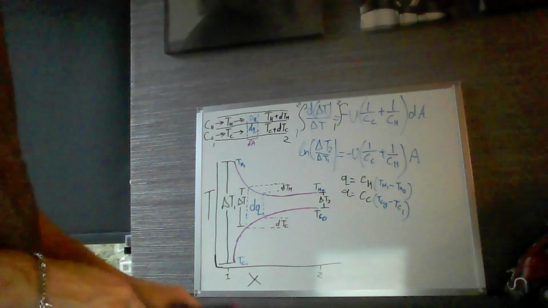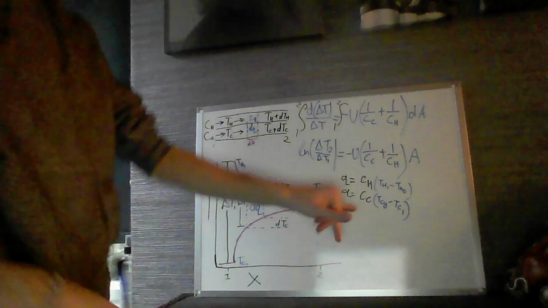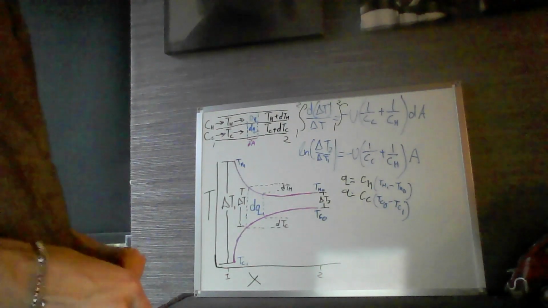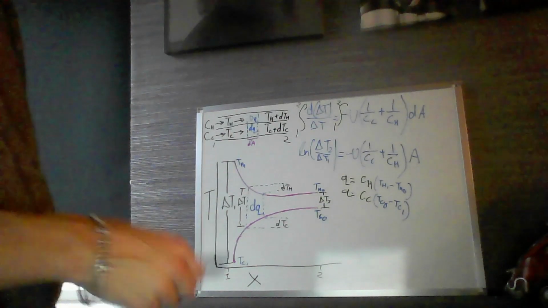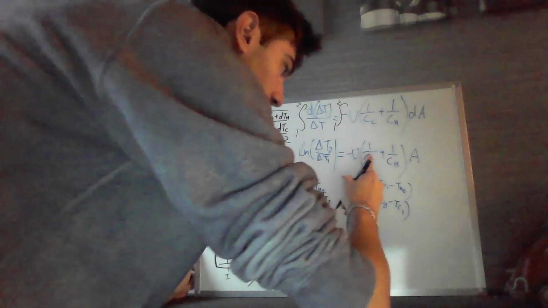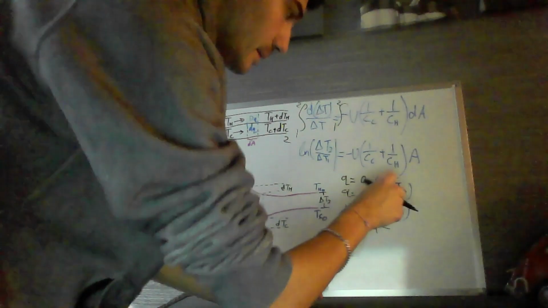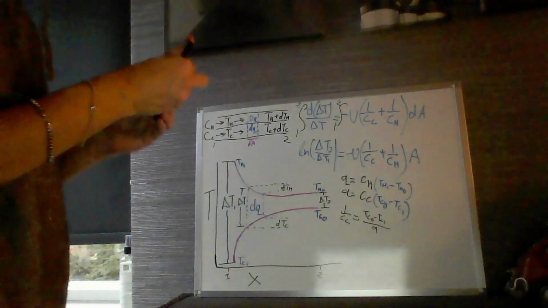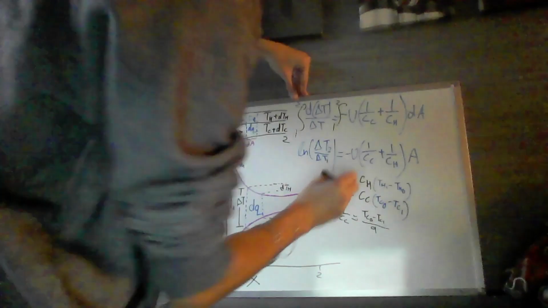And then from there, we can go ahead and rewrite these expressions in terms of CH and CC so that we can plug it back into here, right? So if we want the reciprocal of CC, 1 over CC, we get it to be this over Q, so we get temperature of the cold outlet minus temperature of the cold inlet over Q. And then for the hot, we have temperature of the inlet minus the outlet over Q. So I'm going to erase this.